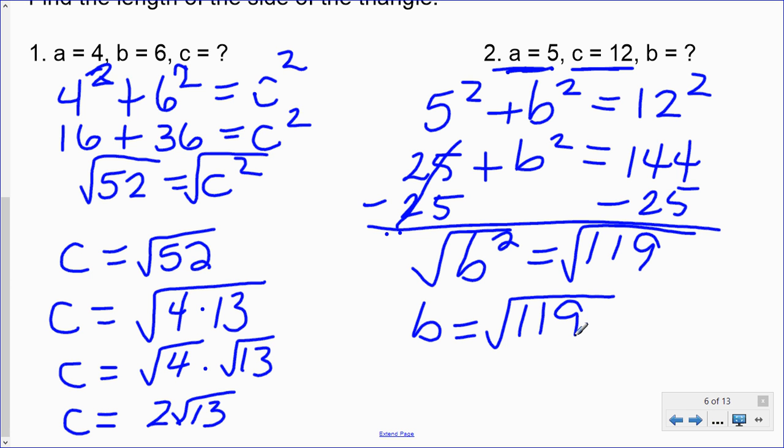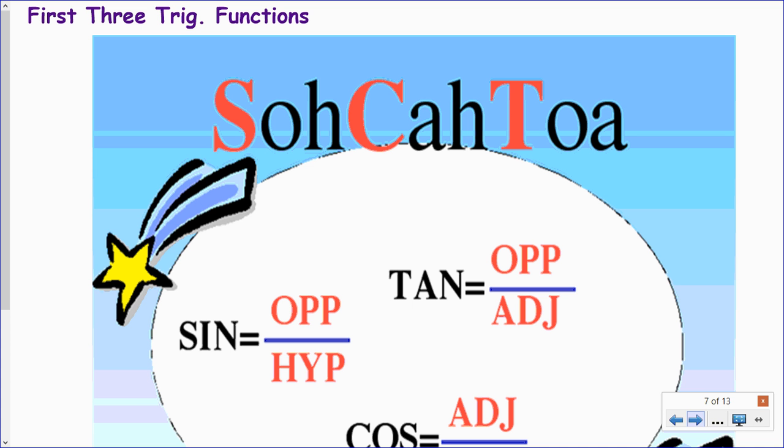I don't believe we can actually simplify. Okay, so we're going to stop there. But anyway, here notice when we were solving for a leg, we had to subtract and then square root both sides. All right, moving on.